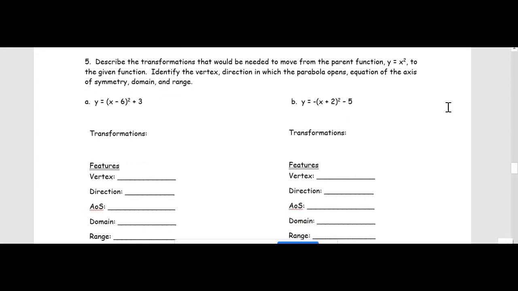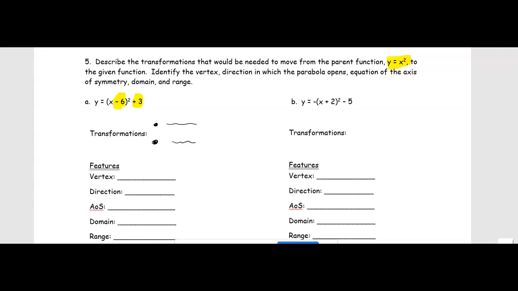At least the transformations. So it says describe the transformations that would be needed to move this graph. So if we're talking about the original graph, and we do these couple of things to it. We do a -6 on the inside, and then we add 3 on the outside. There should be 2 transformations here. So I'm going to do 2 bullets, and we're going to write down 2 things here. So what did we just do to the original graph?